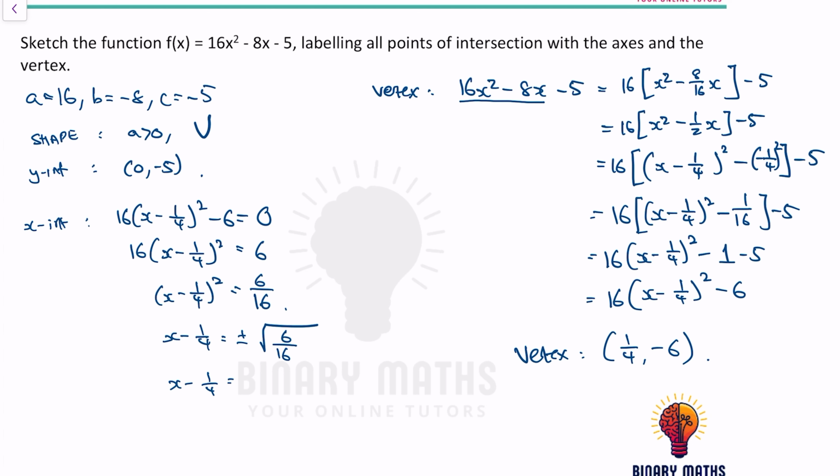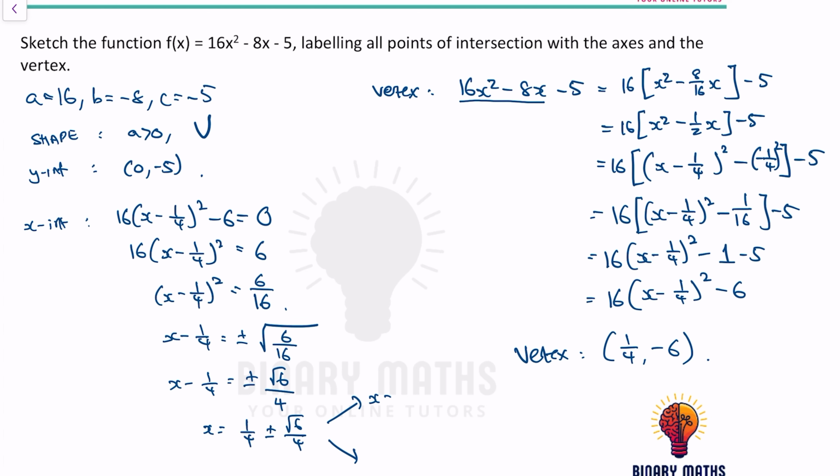It's the same thing as plus or minus root 6 over, because root 16 is 4, 4, which means x must be equal to a quarter plus or minus root 6 over 4. So you get two solutions.